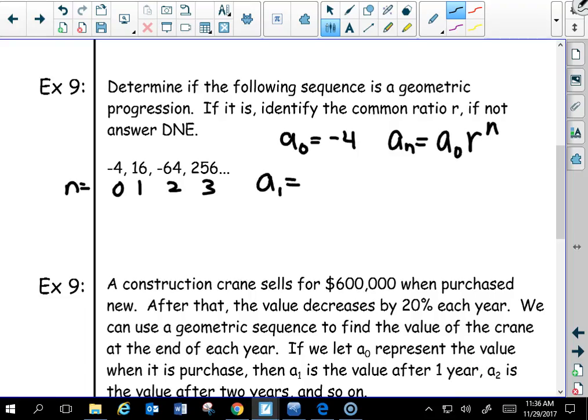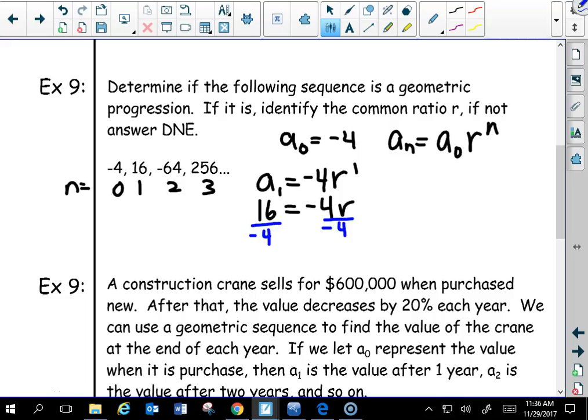That's going to be -4 times r to the 1 power. So if I fill in the 16 they give us in our list, I get 16 equals -4 r to the 1 power. This lets me solve for r.